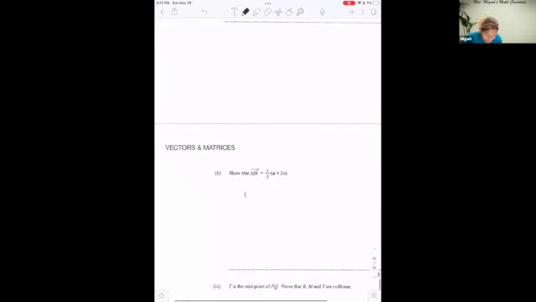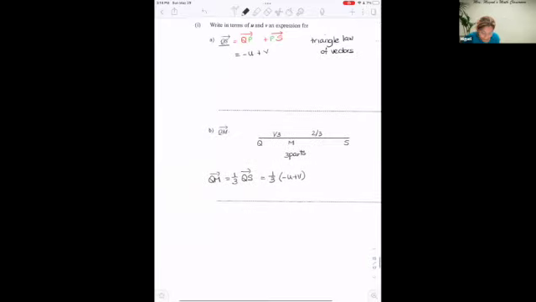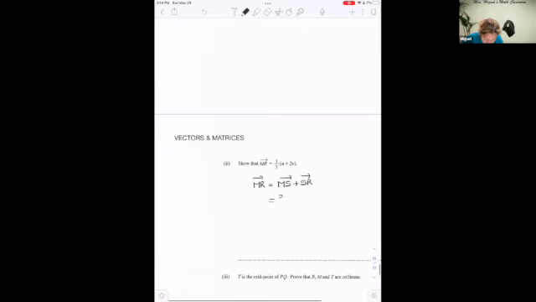So MR is MS plus SR. So MS is 2/3 QS, which is 2/3 of minus U plus V.